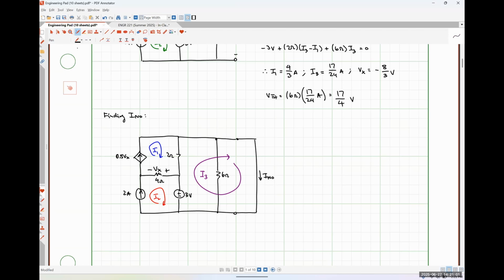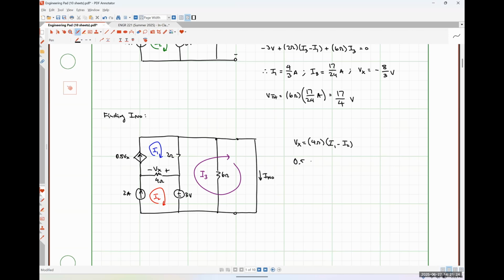So the mesh analysis that we're about to do is going to look pretty darn similar to the equations that we just wrote when we were finding VTH. Starting with my controlling variable relationship, we're going to have Vx is equal to 4 ohms times I1 minus I2.